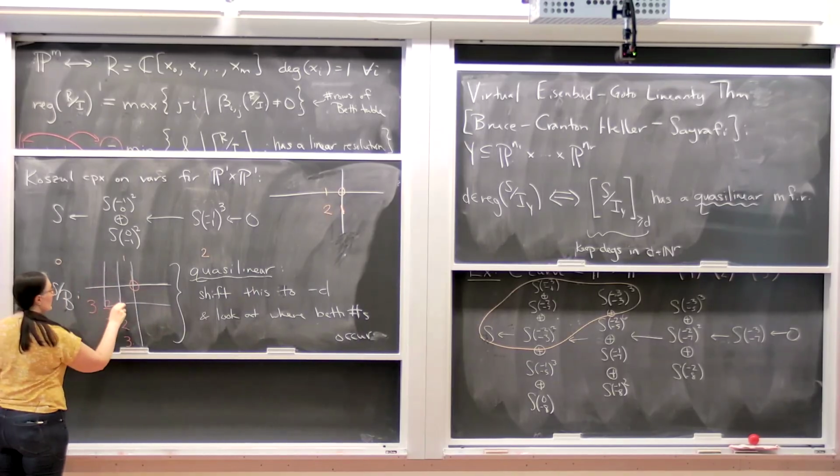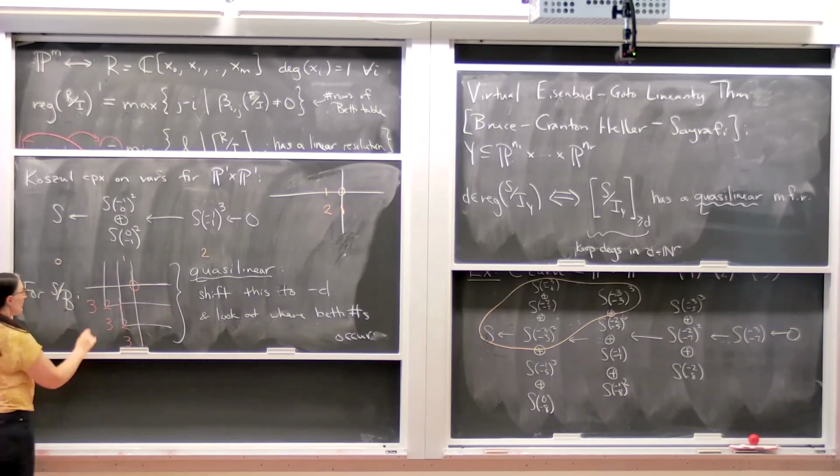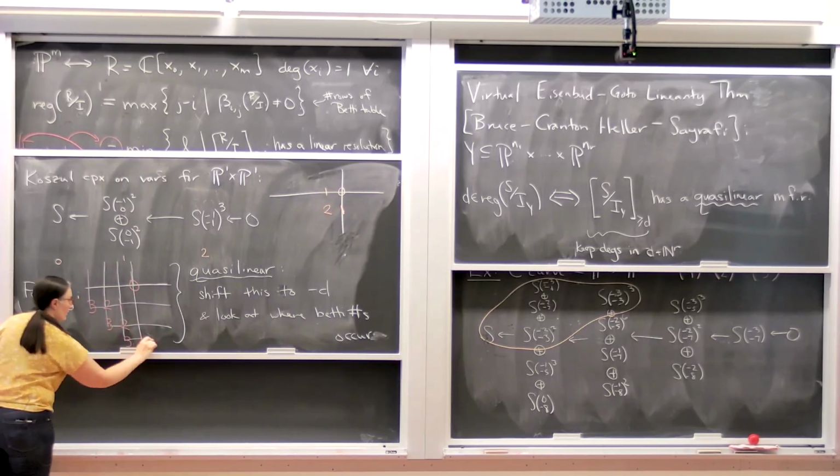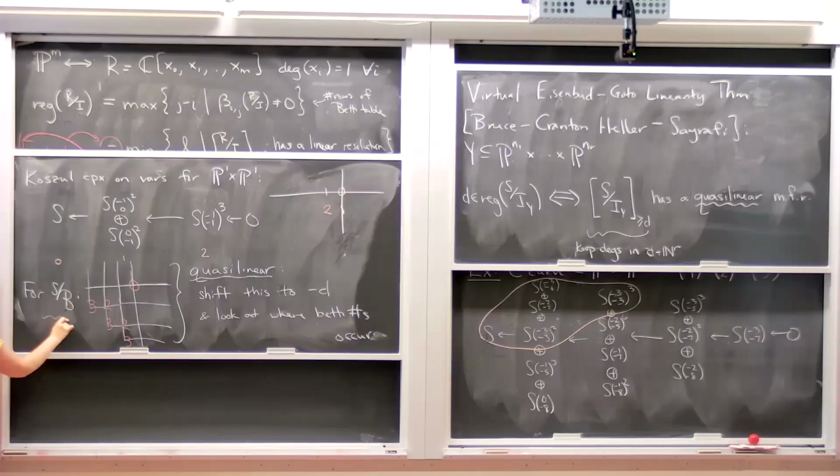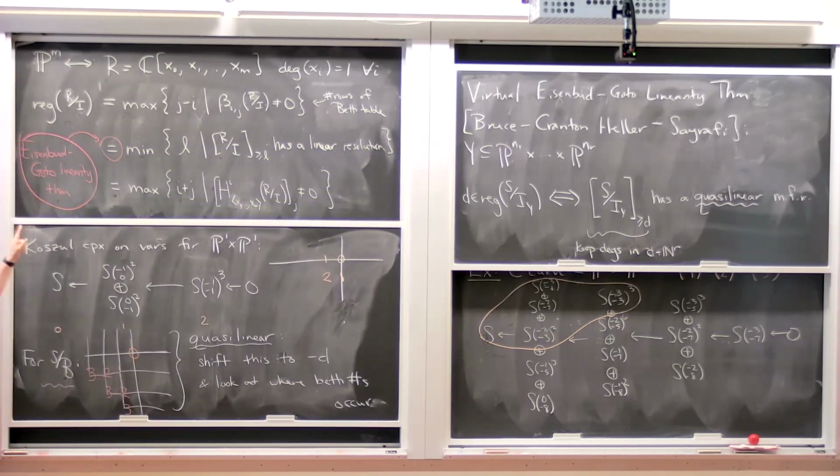Our second ones to live in here. Third ones to live in here. So that the minimal free resolution of S mod B is governing what linearity should be for a theorem that tells you how to think about regularity in terms of truncations.